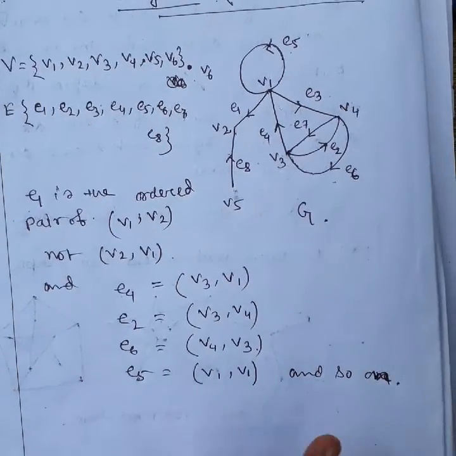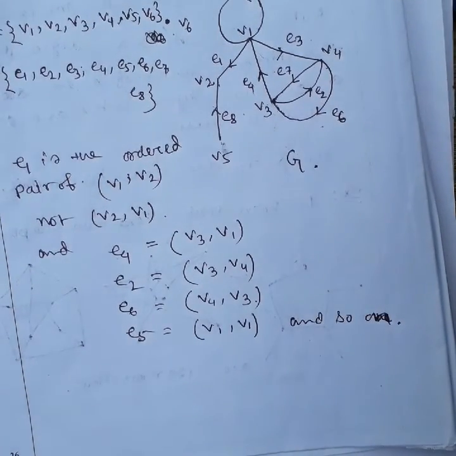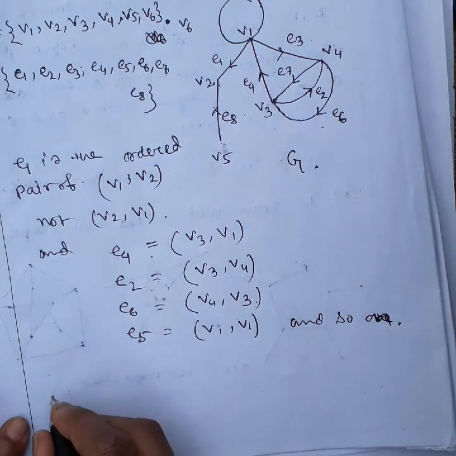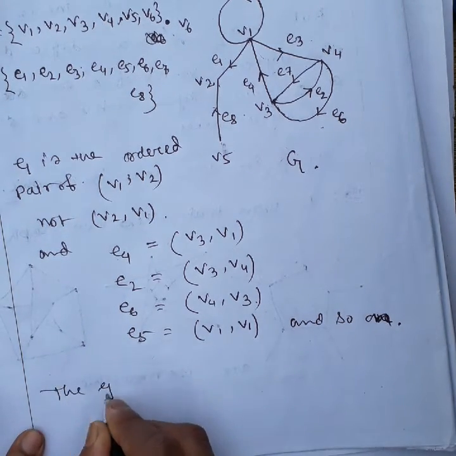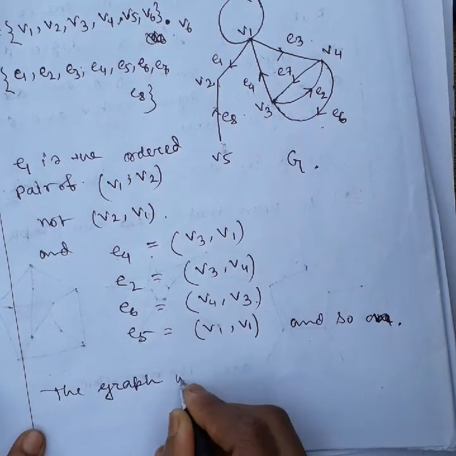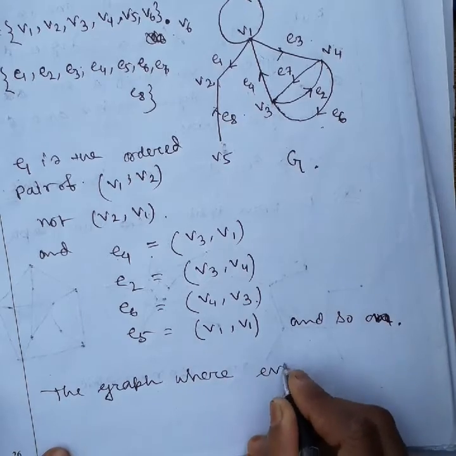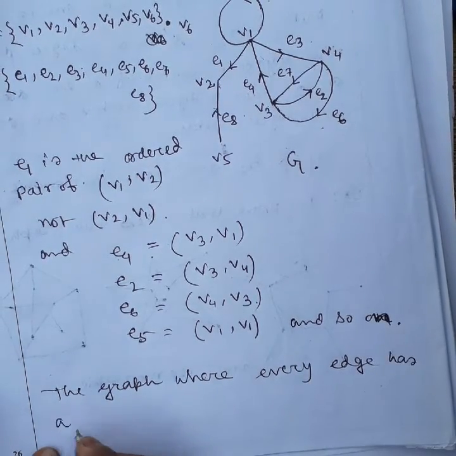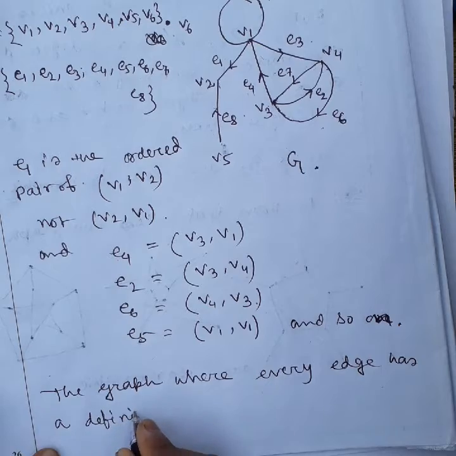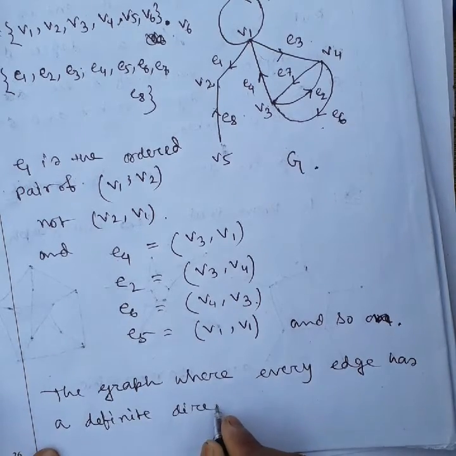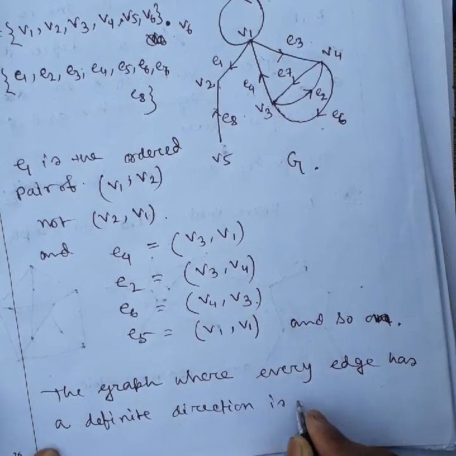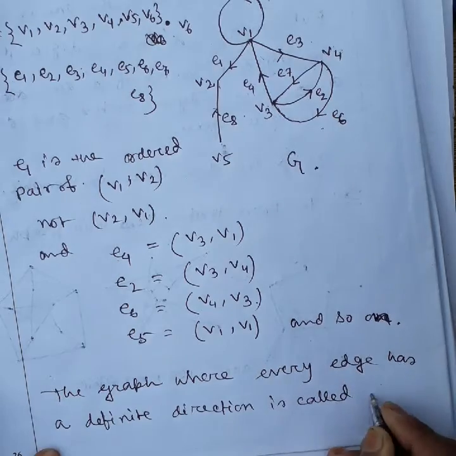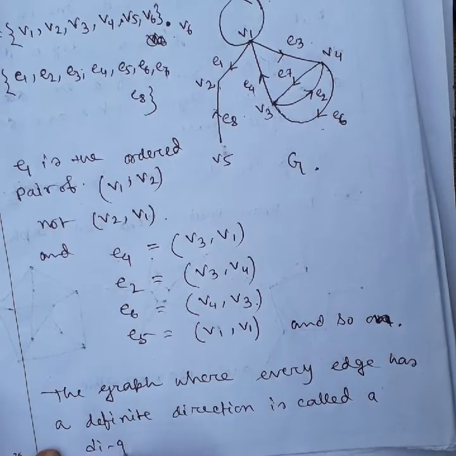So the graph where every edge has a definite direction is called a digraph.